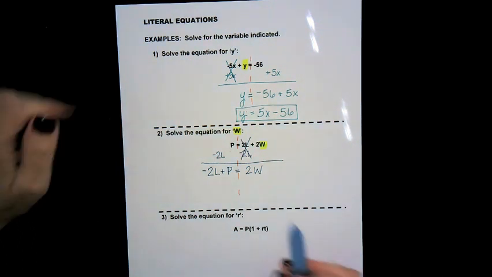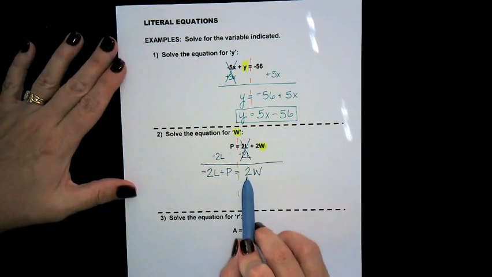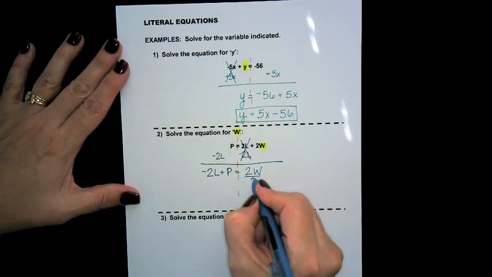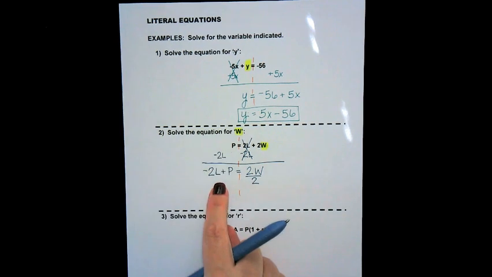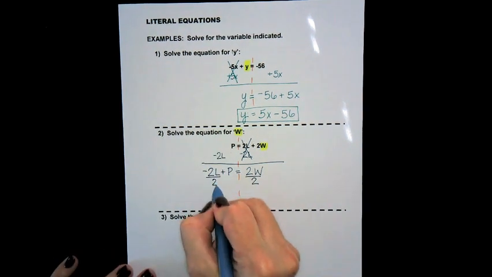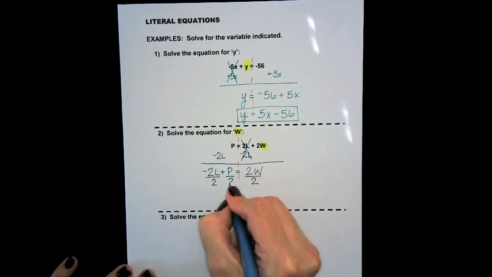Now I need to do the opposite of multiplying by 2. The opposite of multiplying by 2 is divide by 2. But I want you to be careful about how I divide by 2 over here. Watch how I do it. I'm going to divide this by 2, and I'm going to divide this by 2.